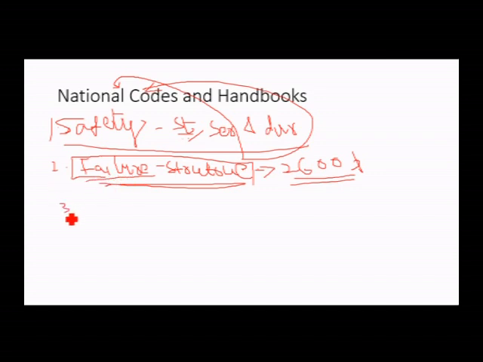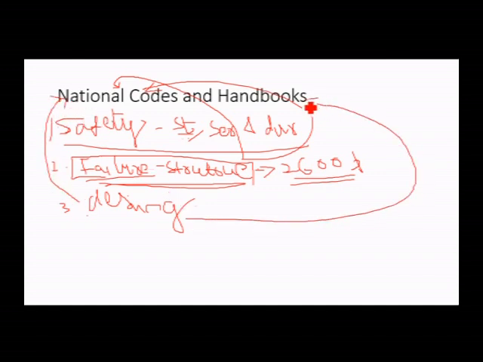And third, there should be a uniform set of design guidelines to be followed. Design guidelines should be followed all over the country. So for that reason, the National Building Code and handbooks should be used and practiced when studying or designing any kind of structure.